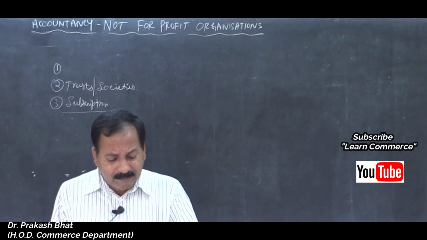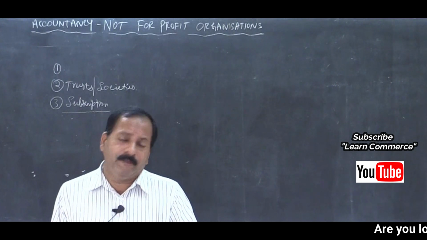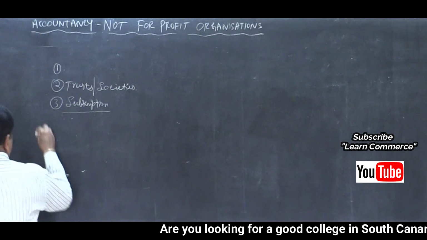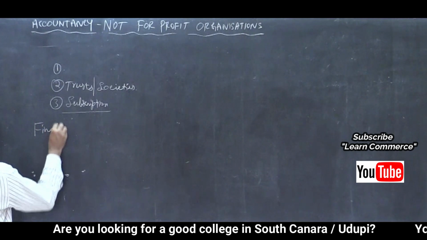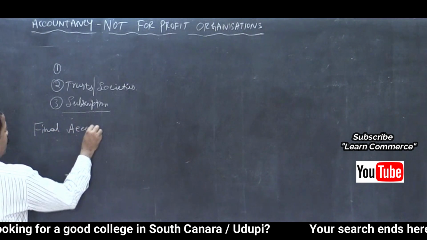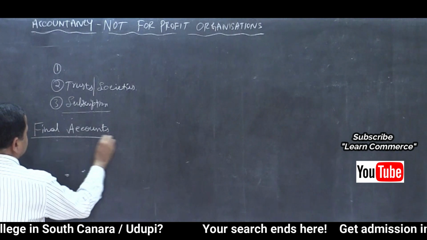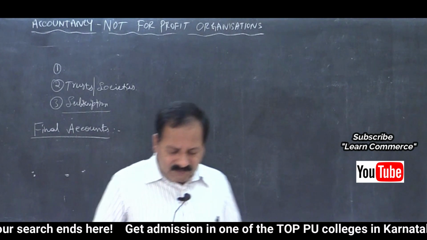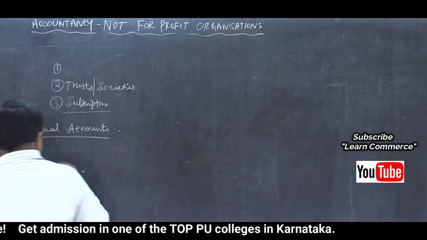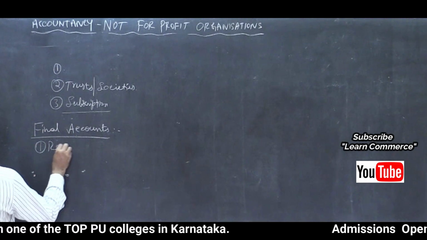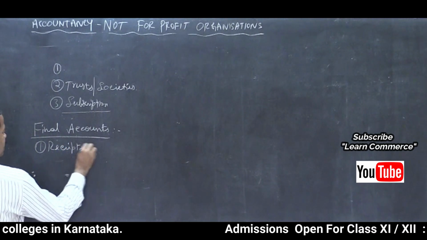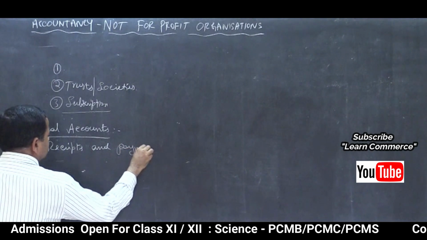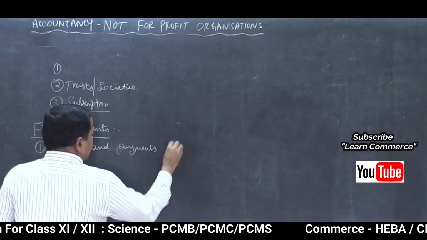What are the records that are maintained? That is, final accounts of non-trading concerns or not-for-profit organizations. Let us move on to what the final accounts of not-for-profit organizations are. There are three final accounts: receipts and payments account.